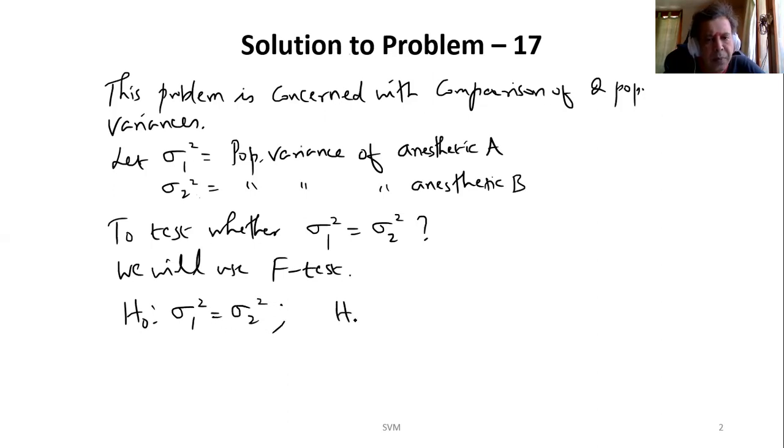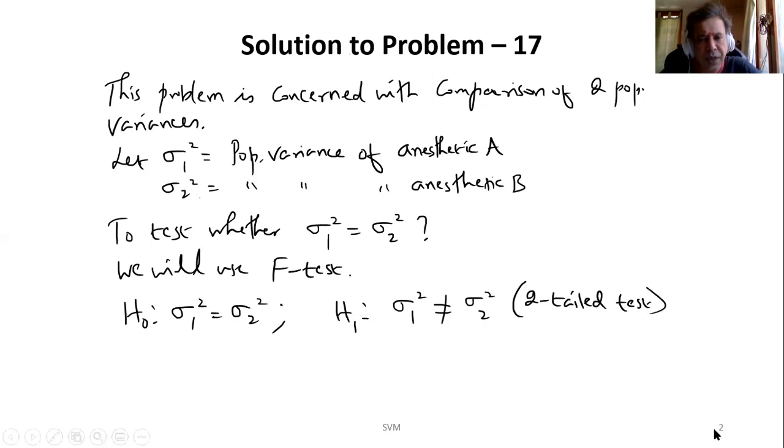For the alternative hypothesis, since nothing is specified about larger or smaller, we will have sigma 1 square not equal to sigma 2 square. So it becomes a two-tailed test. The previous problem was a one-tailed test, or a right-tailed test to be very specific. Here it is a two-tailed test.